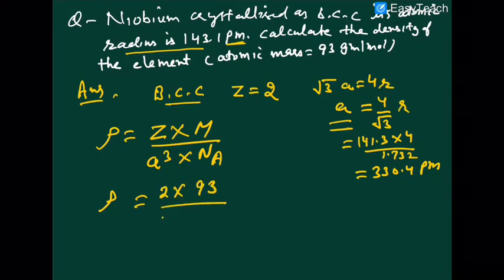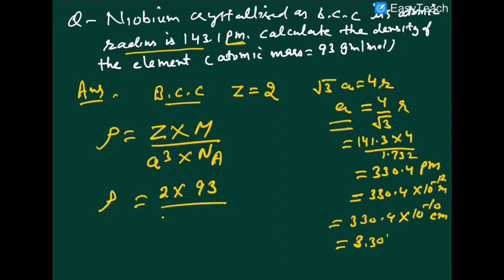A is given to you, convert it first into meter, that is minus 12, then convert into centimeter, that is minus 10. Now convert it into a number that is easy to calculate.